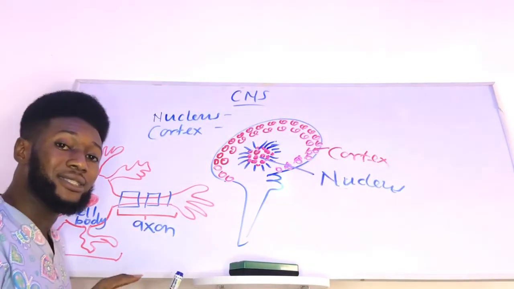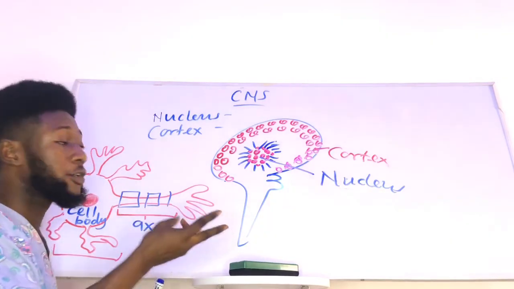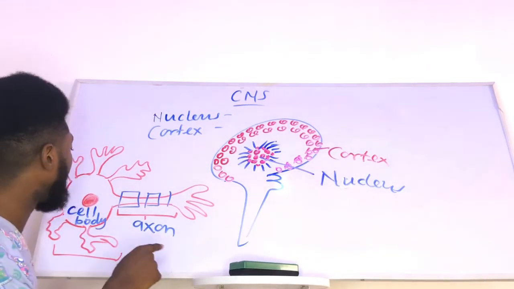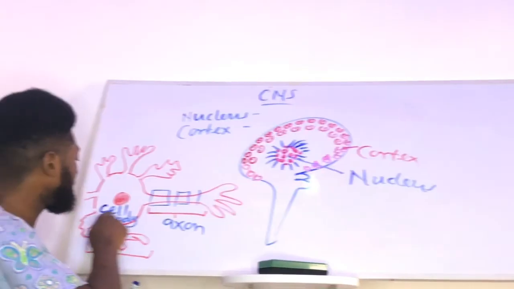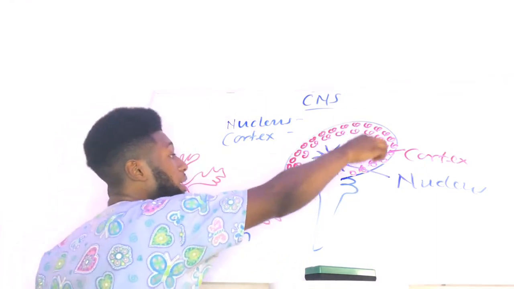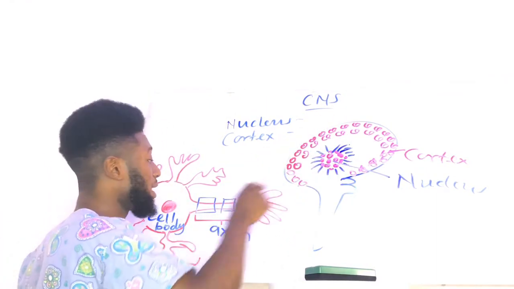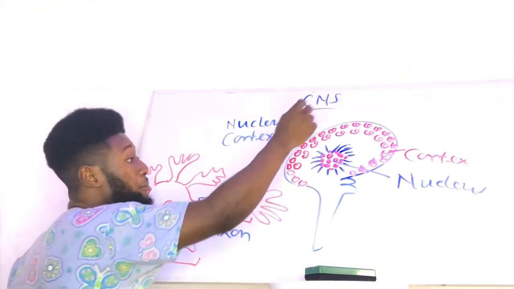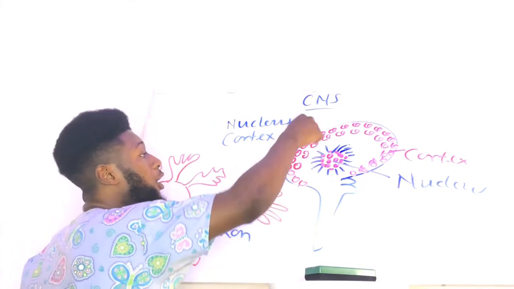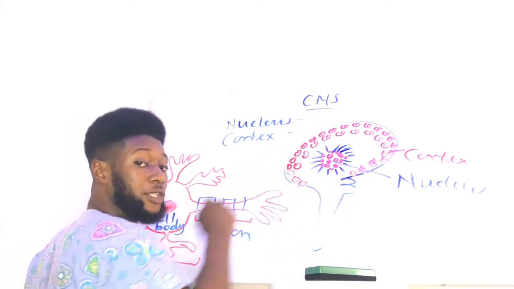Before you understand nerves, nucleus, cortex, ganglion, and all that, you should appreciate that we have groups of cell bodies found superficially, referred to as the cortex. A group of cell bodies embedded inside the central nervous system, surrounded by white matter or axons, is referred to as the nucleus.